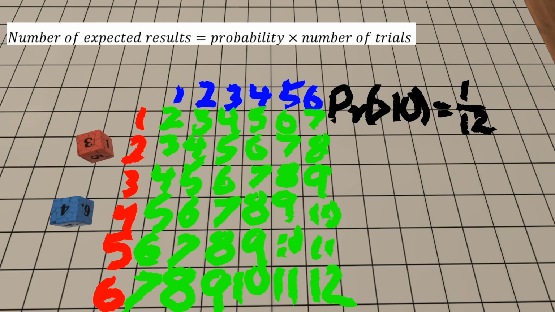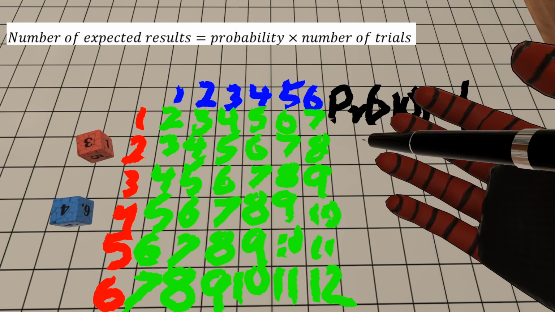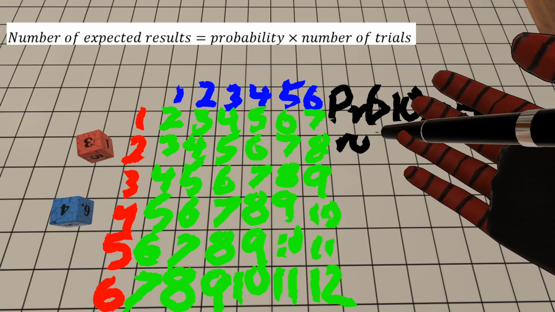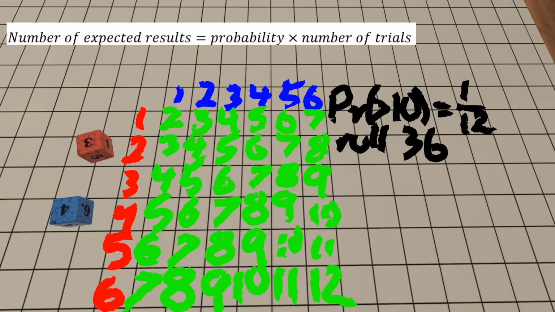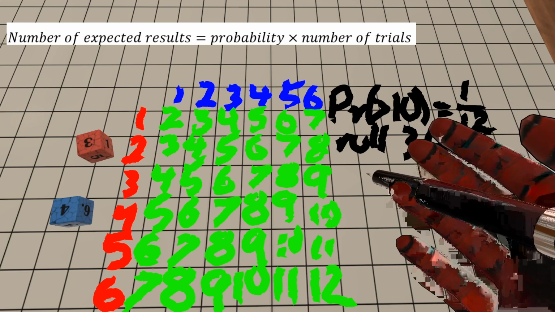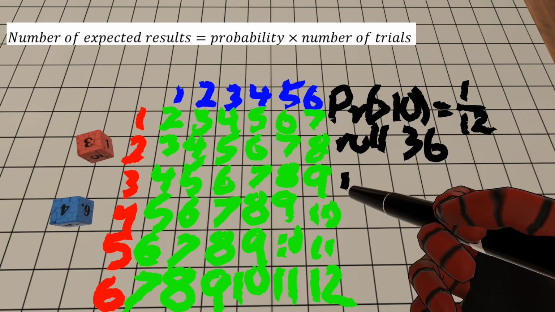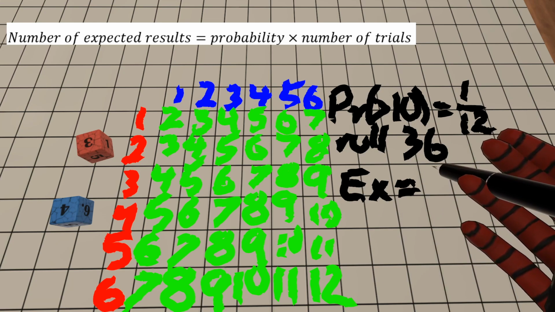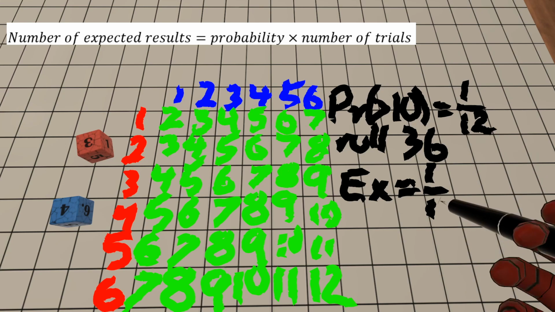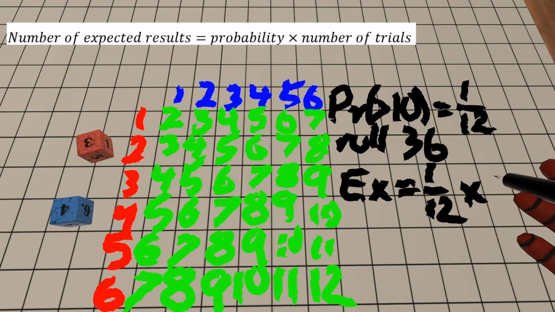The expected number of results, so how many we expect to happen, is equal to the probability times the number of trials, or the number of times we attempt it. So if we roll the dice 36 times, the expected number would be equal to 1 on 12 times 36.